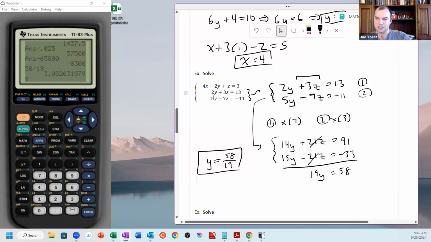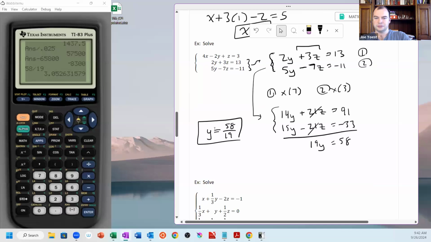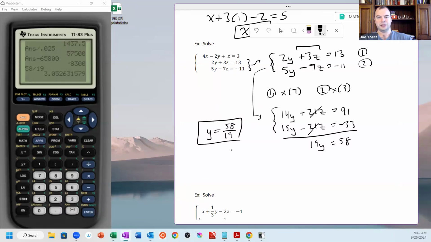Let me just double check my arithmetic here. Did I actually copy everything over correctly? Yeah, it looks good. All right, so y equals 58 over 19. Not the nicest solution. I had intended for it to be a nicer solution, but it didn't quite work out that way.